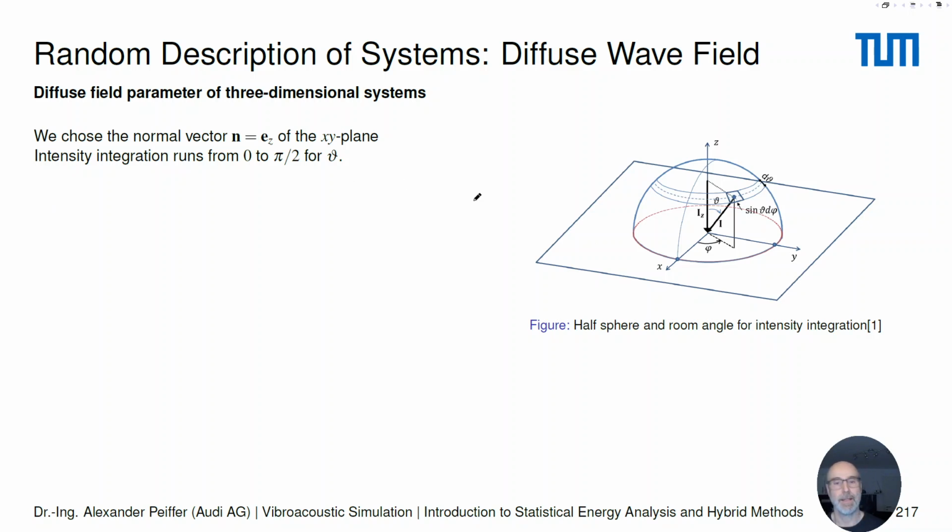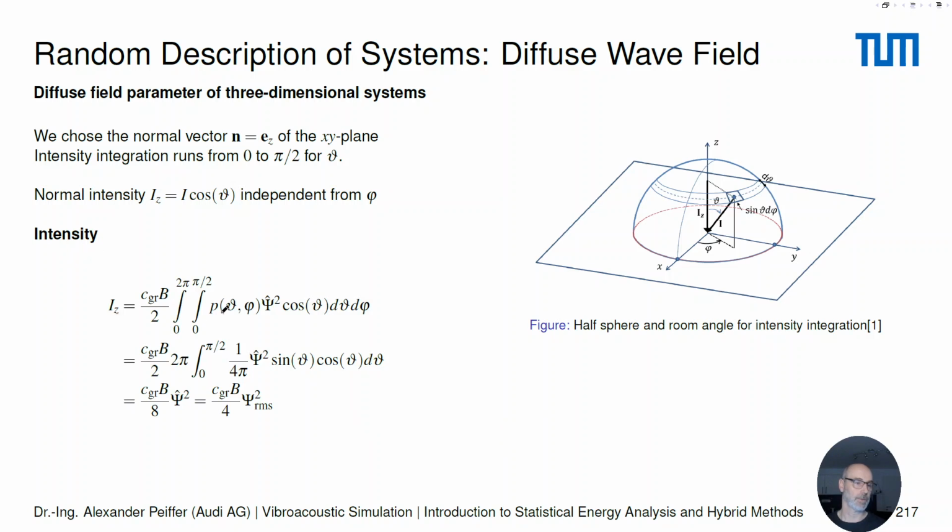That means our angular integration runs over the azimuthal angle, using the full range from 0 to 2 pi, and the polar angle. The normal intensity is given by the polar angle, but it's independent of the azimuthal angle phi.